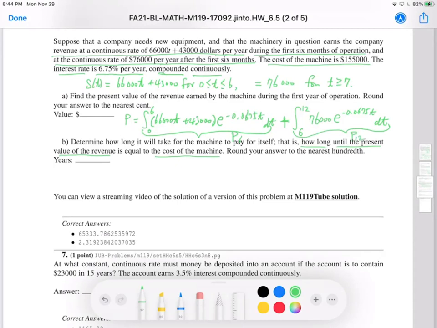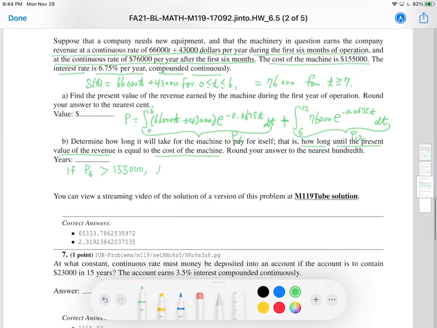Okay. So if P6 is bigger than 155,000, then the time for which the present value of revenue is equal to the cost is less than 6.